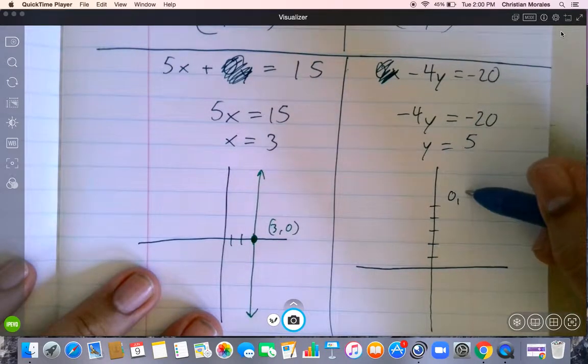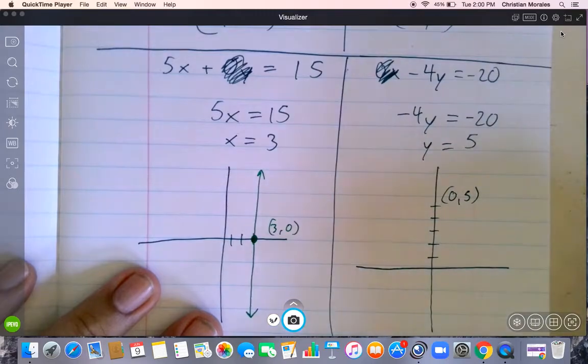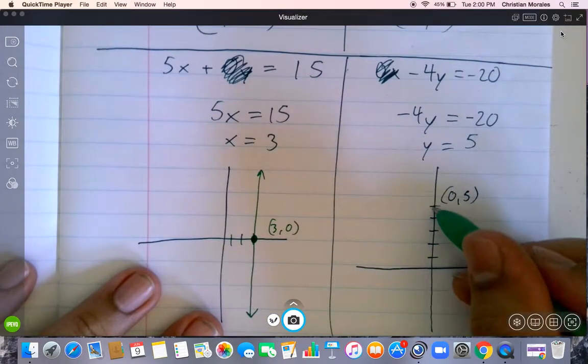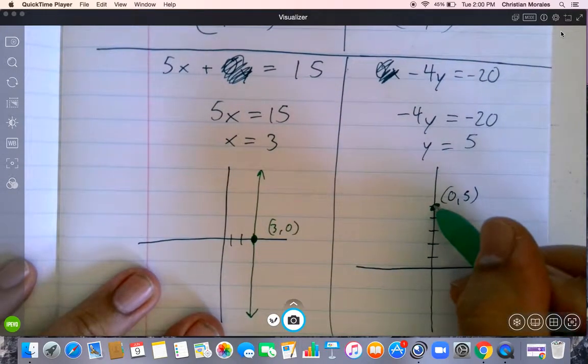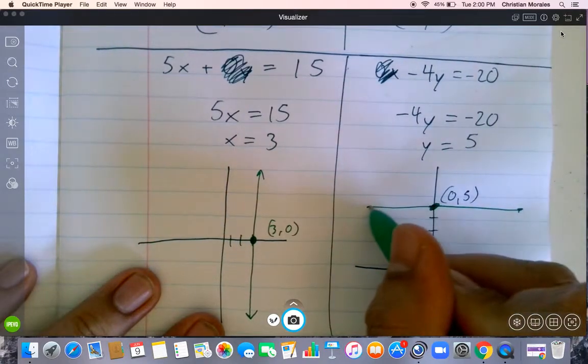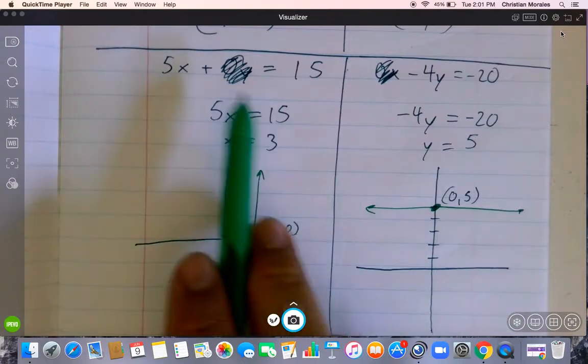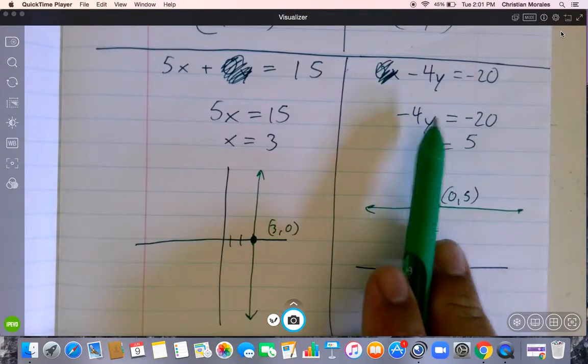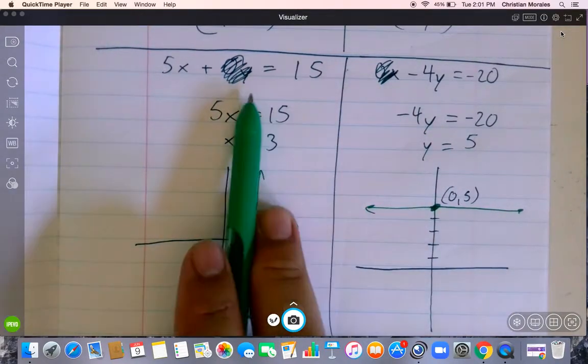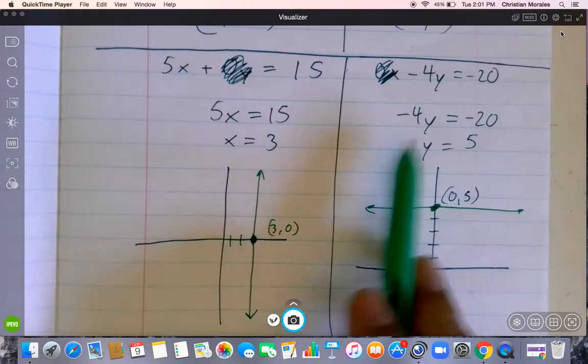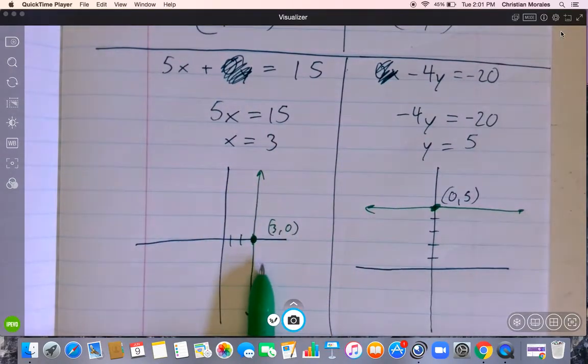Add 0, 5. That's your y-intercept. And your line would look like this. So if you ever get linear equations like this, where there is no x or if there's no y, there's only one variable, you're going to get either a vertical line or a horizontal line.